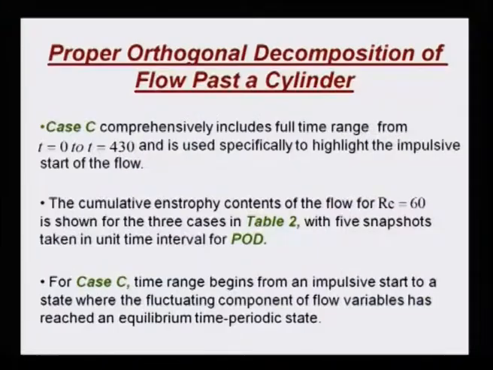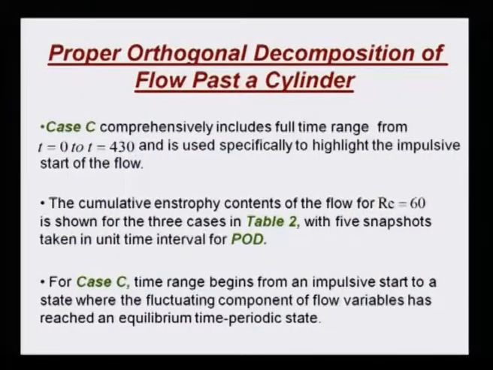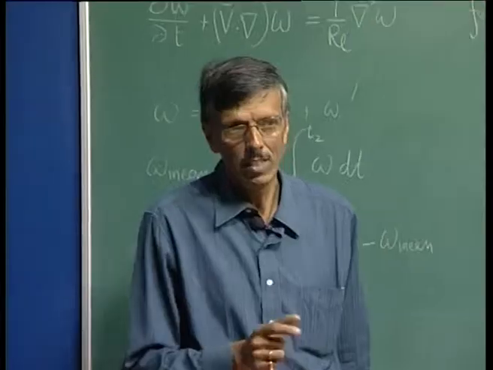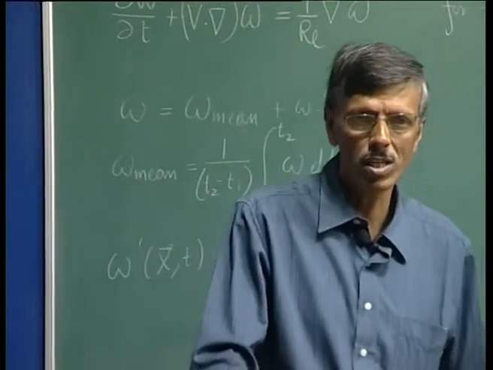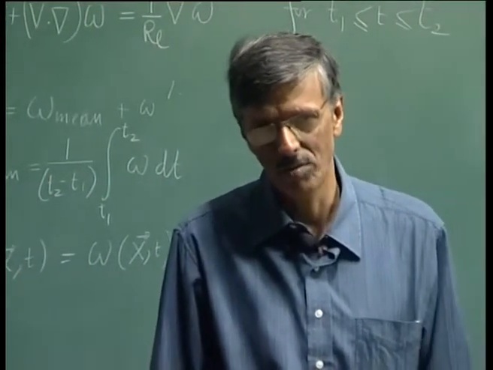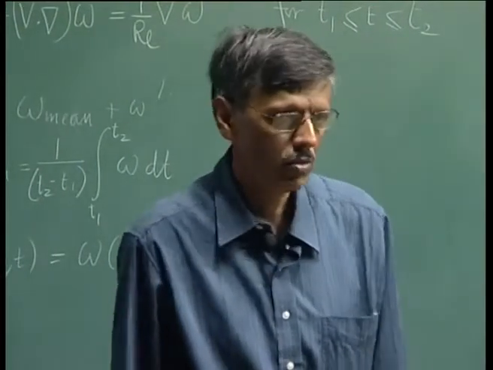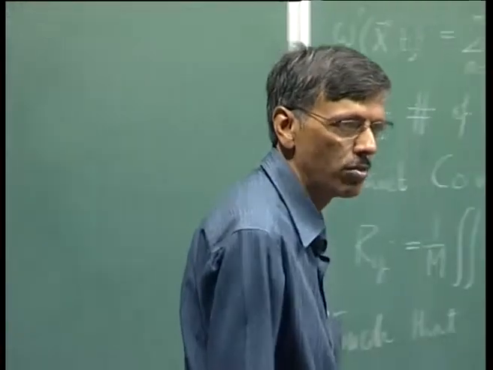How do we perform this POD? How densely do we take the data? What we notice here is that we have taken 5 snapshots in unit time interval. So, if I am talking about 0 to 430, I have taken snapshots of 430 into 5, right. So, you can see it is more than 2000 snapshots.